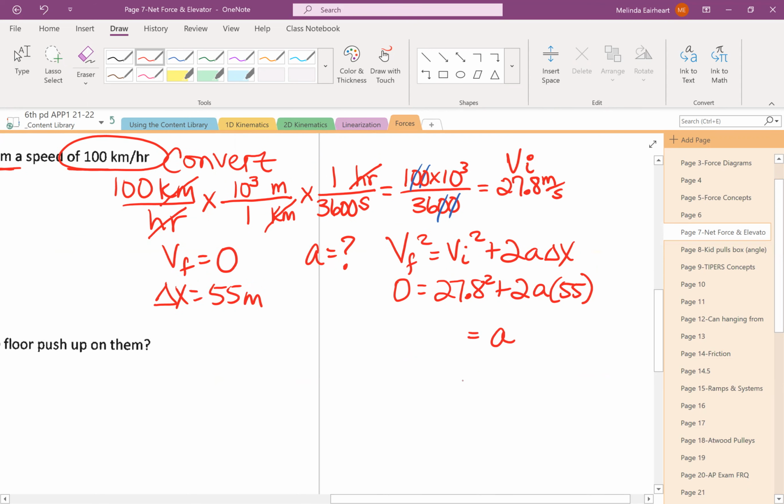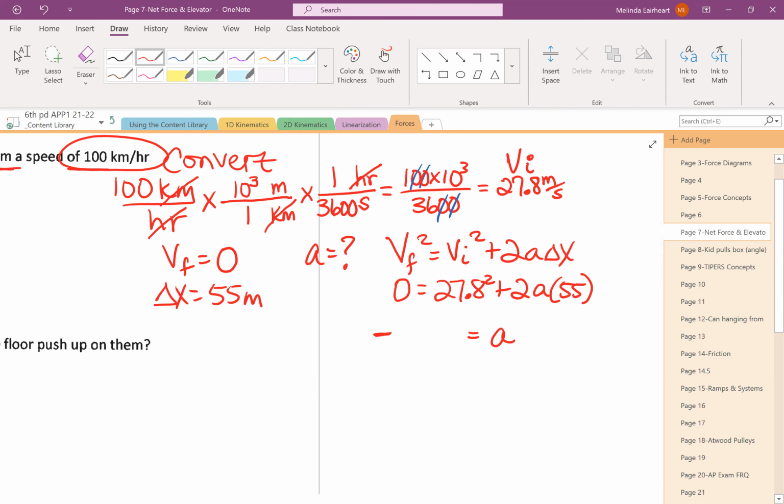You'll need to square the 27.8 number, subtract it, and then divide by the product of 2 times 55. Notice we'll get a negative answer, and that's okay. If you're going forward, slowing down, that's a negative acceleration.